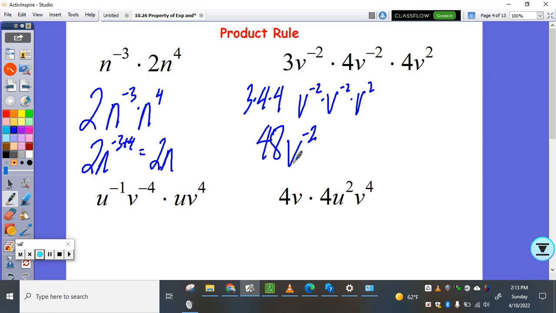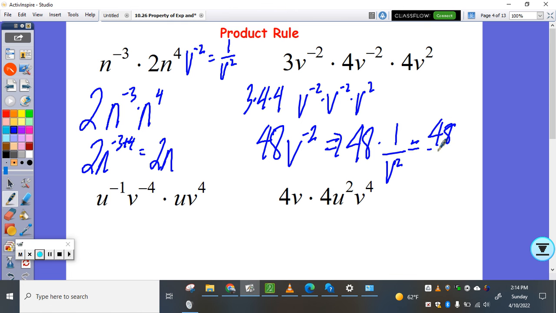We're not done here yet because I cannot leave a negative exponent. So then we have 48 times 1 over b to the positive second, because remember, when we have a negative exponent, b to the negative 2 is equal to 1 over b to the positive 2. And when I multiply this through, I have 48 over b squared.